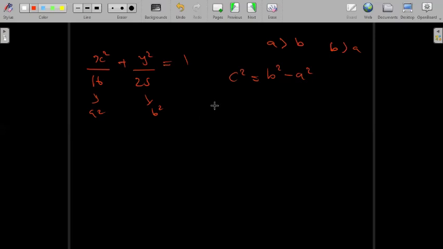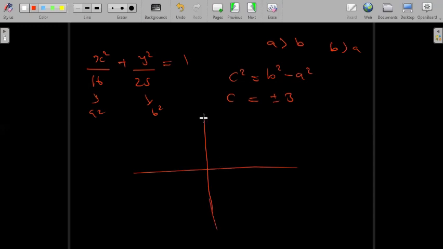And of course, this still gives us that c is going to be, 25 minus that gives you 9, so you get plus minus 3. But now in this case, the bigger number sits under y, meaning we are graphing on the y-axis. That's where our ellipse is going to sit.